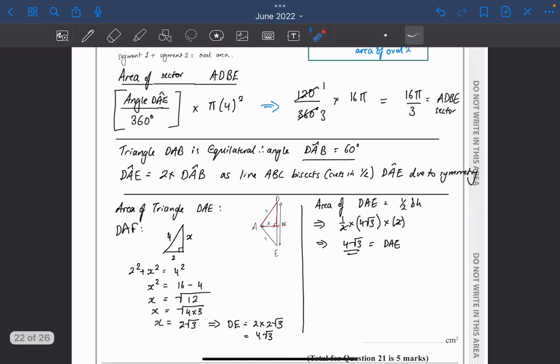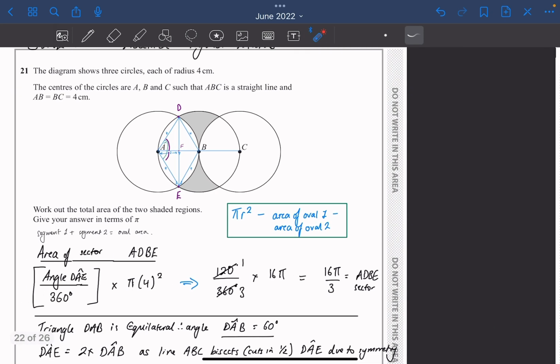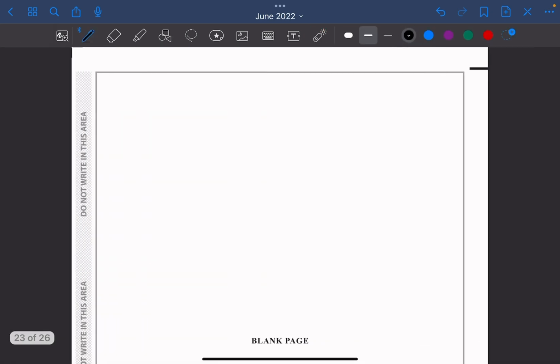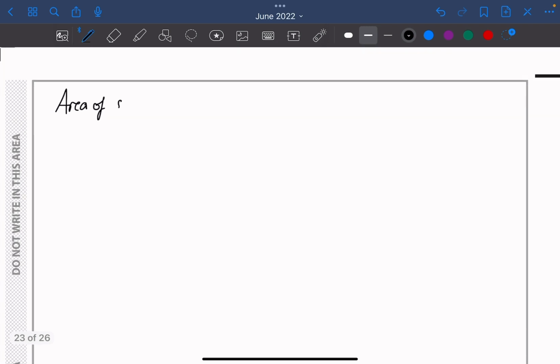I'm looking at the area of the segment now, not the sector.